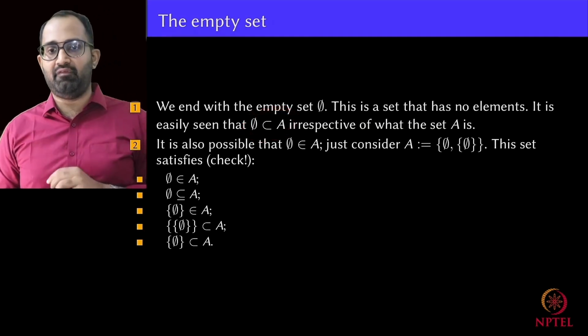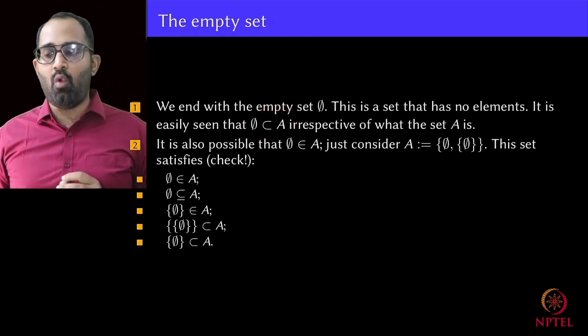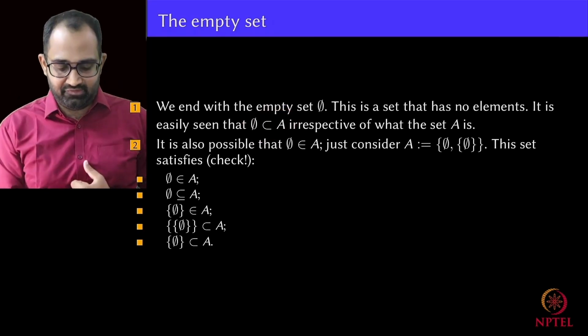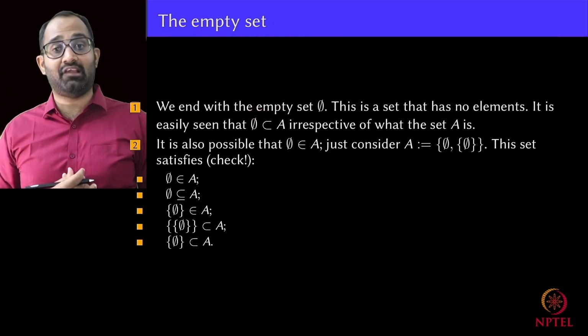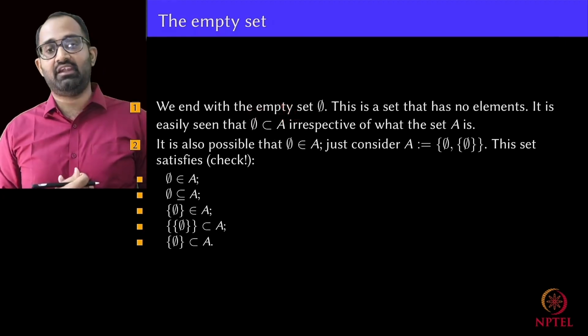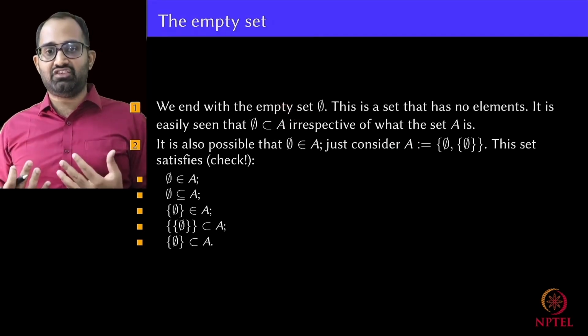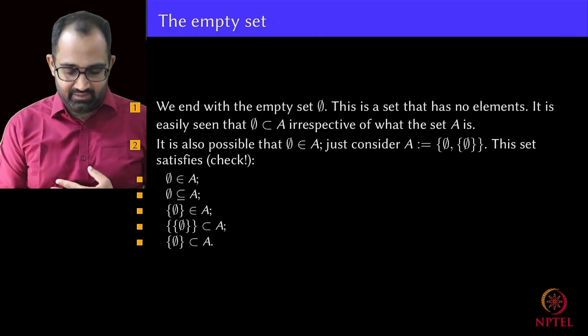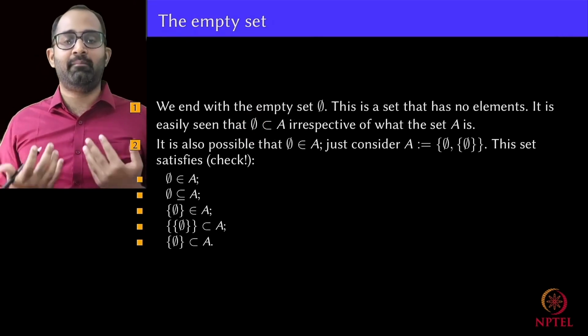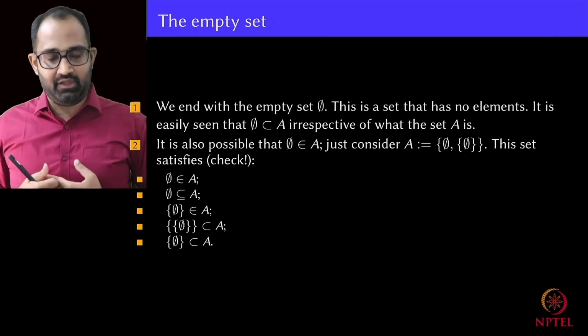Well, if you think about it, the only way a set is not a subset of another set is if this set, the empty set, had some element x which is not there in the set A. But by definition, the empty set has no elements. Therefore, the empty set is a subset of every single set.